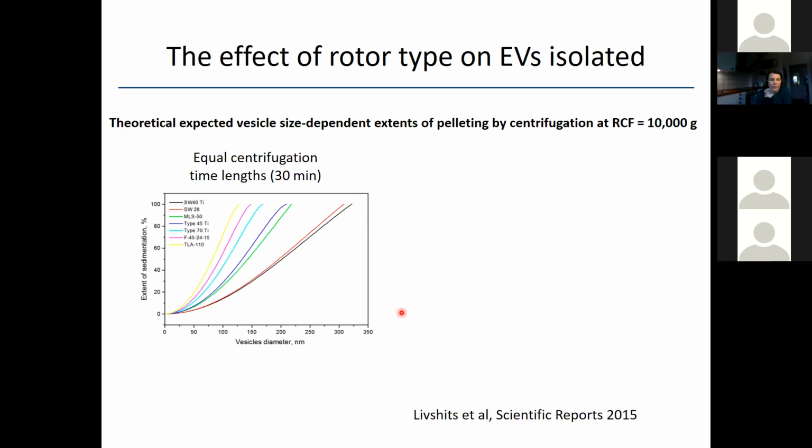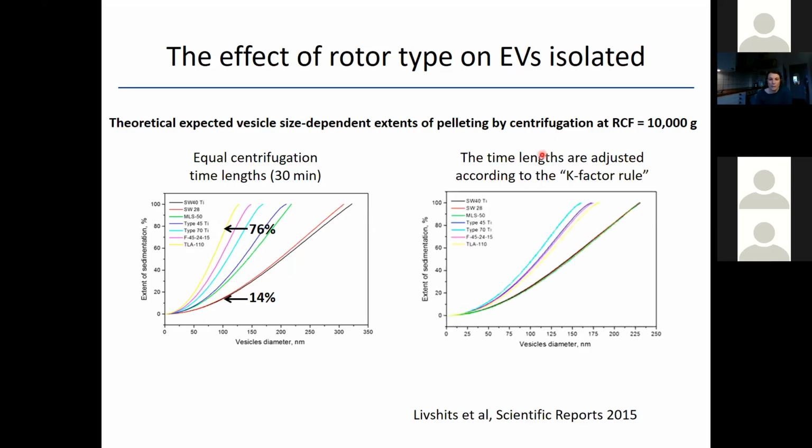And this is just to highlight that as well, that here you have the diameter of the vesicle, the size of the vesicles, and here you have the percentage that you're pelleting at a certain time. So here they have done 30 minutes. And you can see that while this rotor pellets 76% of the 100 nanometer-sized vesicles, if these are the vesicles you're interested in, this rotor is only pelleting 14%.